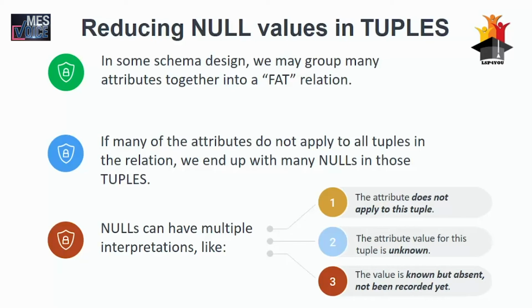Instead, we will give null values. So null values can have multiple interpretations: the attribute does not apply to this tuple, or the attribute value for this tuple is unknown, or the value is known but absent or not recorded yet.